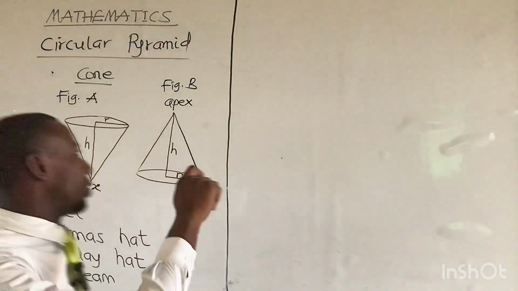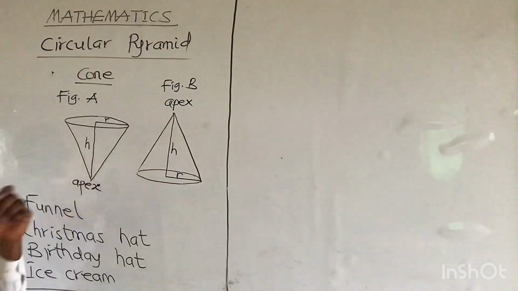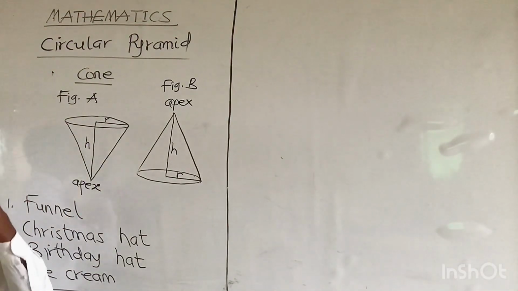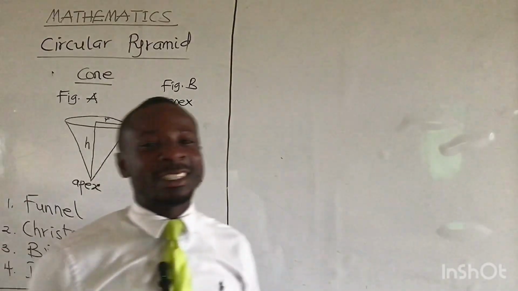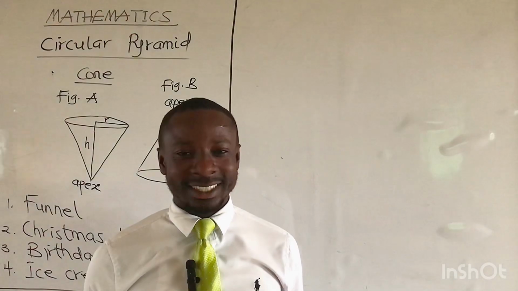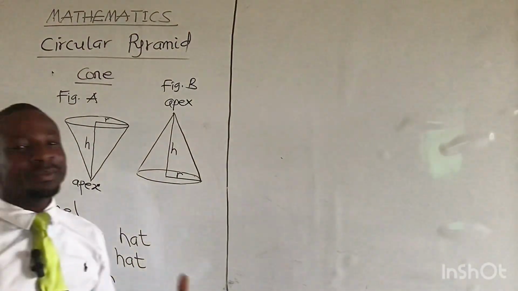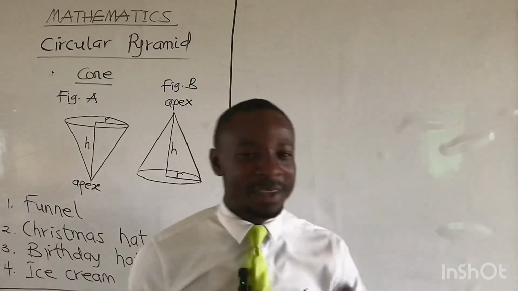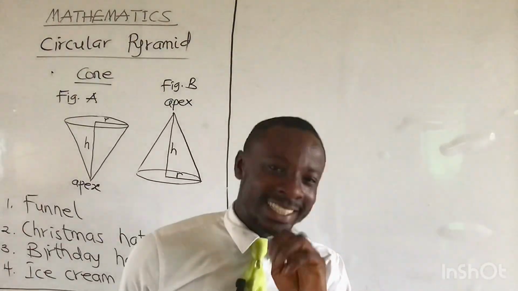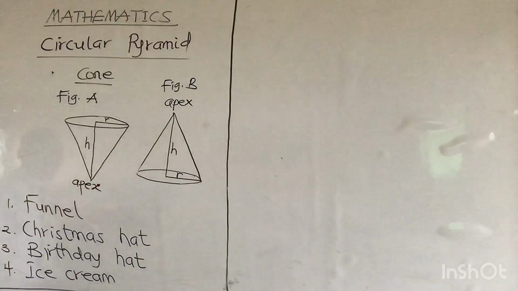You hold the base, then you use your tongue to lick, and it's really nice and sweet. Sometimes when you go out with your children and buy them ice cream, they will be eating and enjoying themselves. So this can also be in the form of a cone.